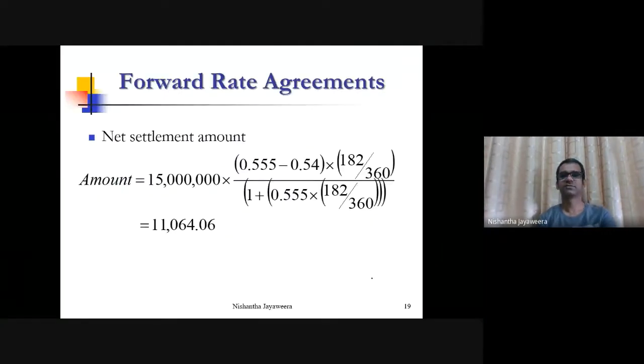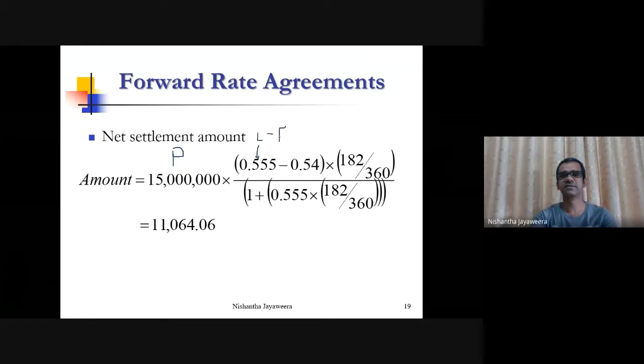So this is what is given. This is the principal amount. What is this? This is LIBOR. What is this? It's the fixed rate. What is this?